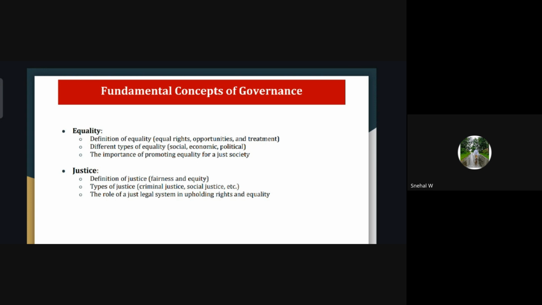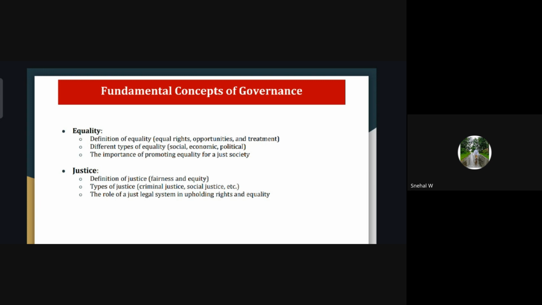So, when it comes to social equality, it is expected that any kind of discrimination which can be based on caste, gender, race, right, is not expected. Any kind of discrimination on any ground is not expected.